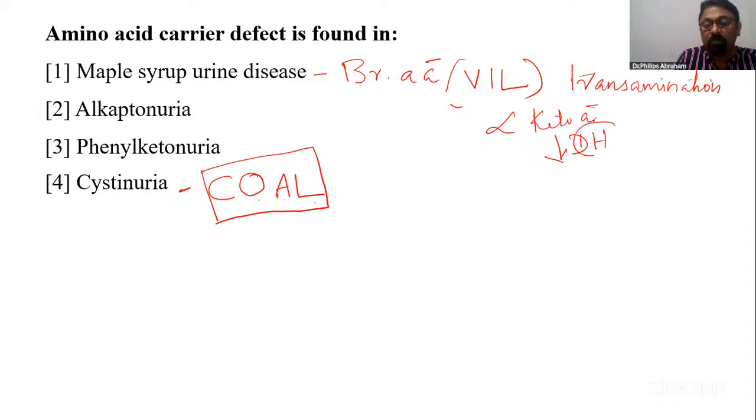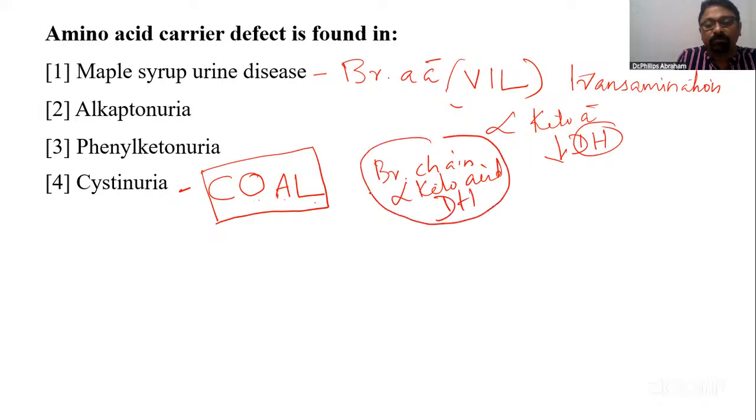We call it branched chain alpha keto acid dehydrogenase. This enzyme defect leads to a condition called maple syrup urine disease.